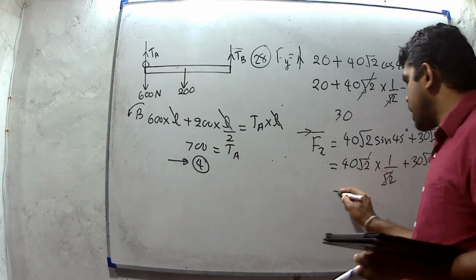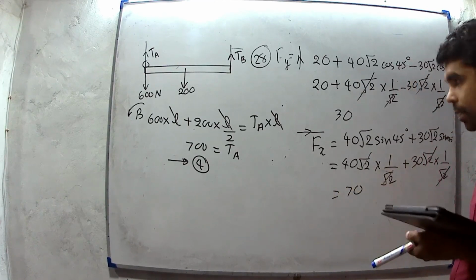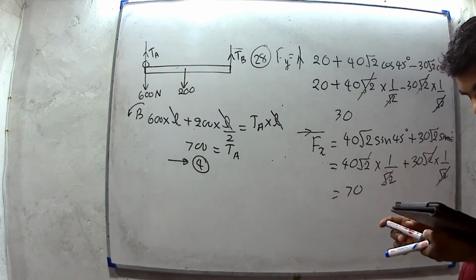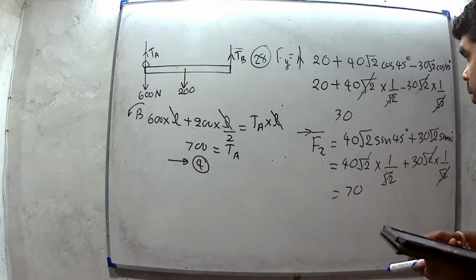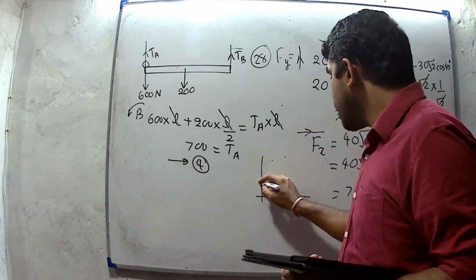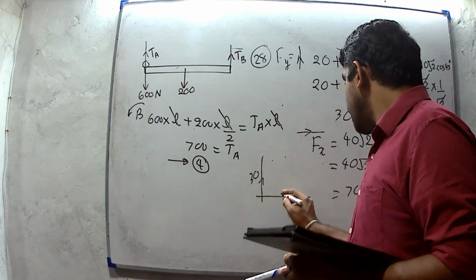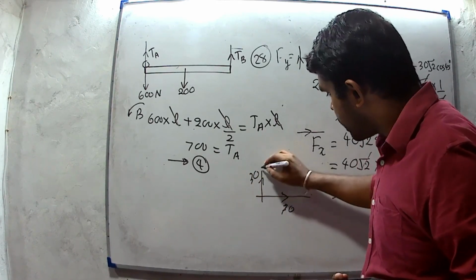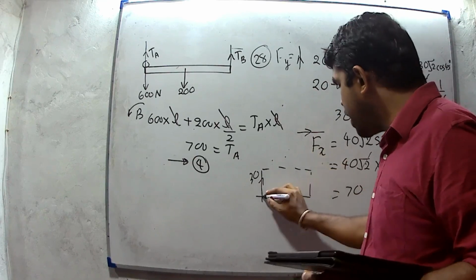Now 40 plus 30, 70. Then, when considering these two forces, this force is 30, this force is 70. Therefore, resultant should be in this direction.